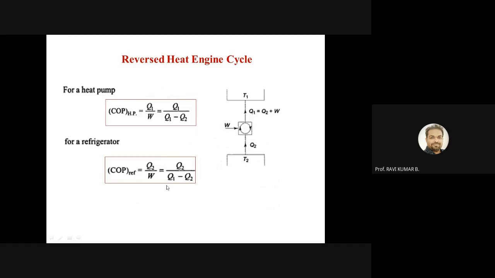And for a refrigerator, we can say Q2 by W is the actual coefficient of performance of the refrigerator, which is a function of heat. When you are talking about heat, depending on the type of working substance, that is the refrigerant, your heat capacity will be changing. If you are using water as a working substance, or ammonia, or R134A, there are different kinds of refrigerant that can be utilized to produce the cooling effect.